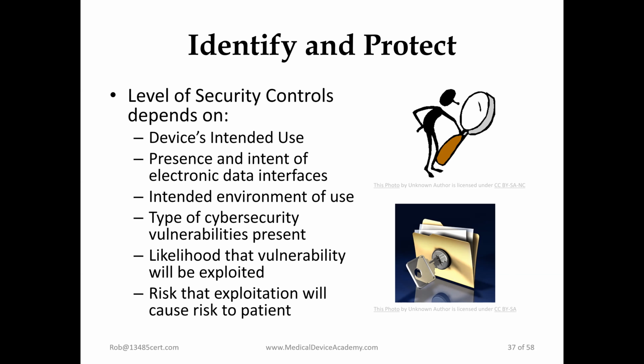Whereas if you're dealing with a robotic surgical system that the operator is 1,000 miles away and it's operating over the internet, and somebody could potentially hack in and ruin that procedure, then obviously that would be very high risk, high potential for harm, and you need to do everything possible to mitigate those risks. So identify what those risks may be for your device and then implement the appropriate protections.